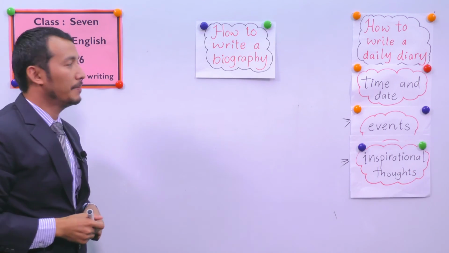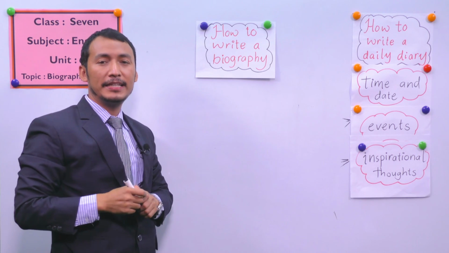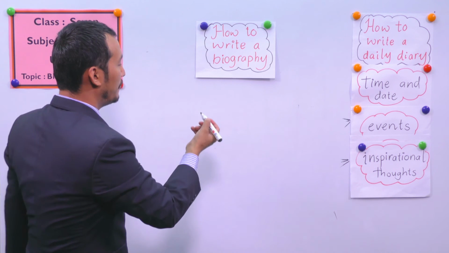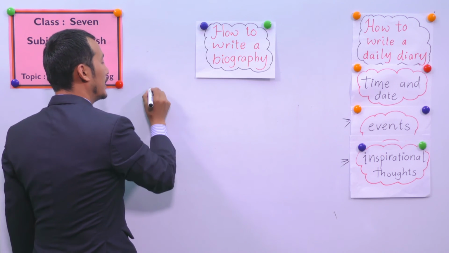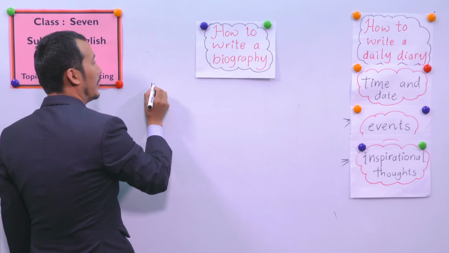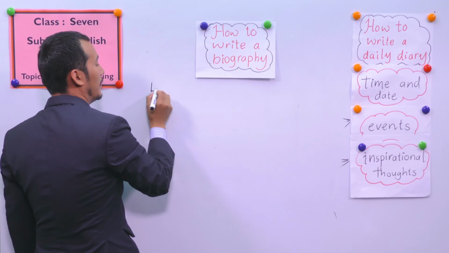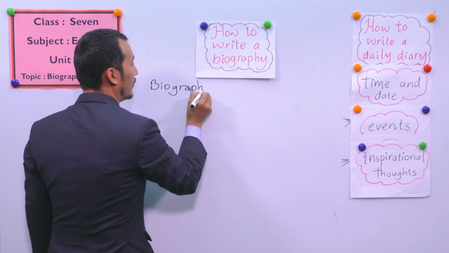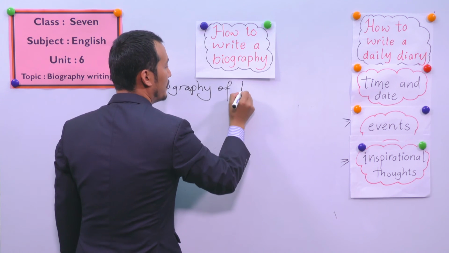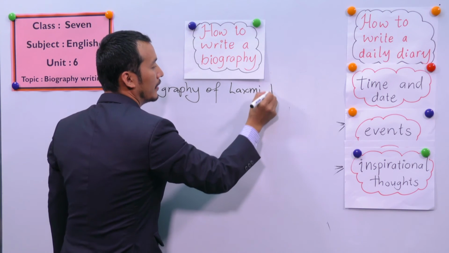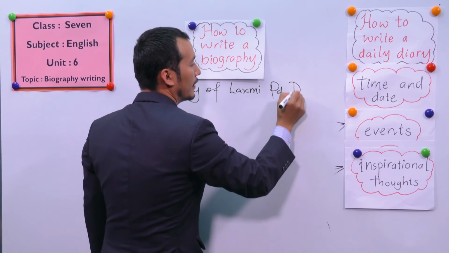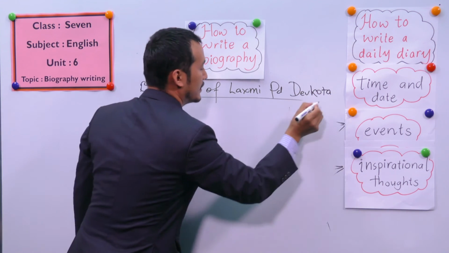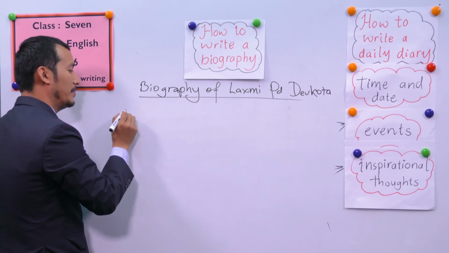Okay, how to write a biography. Now I'm going to write an example of a biography about Lakshmi Prasad Devkota. Okay, first we need to mention when he was born. You can write the title as Biography of Lakshmi Prasad Devkota. Okay, this is the title, and now we are going to begin the biography writing.